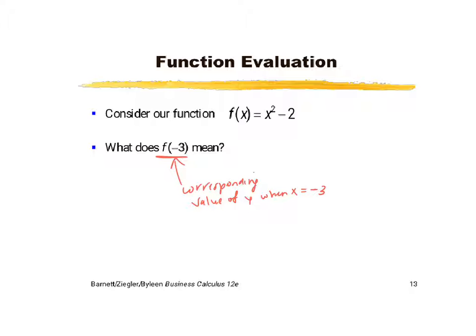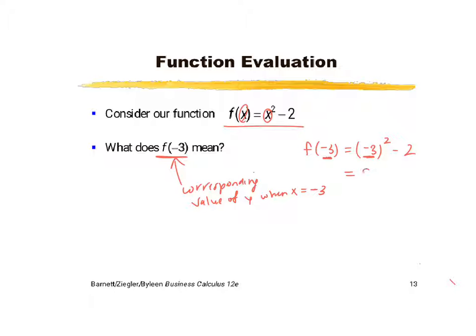Okay, so if I see f of -3, that means I'm going to evaluate my function f of x equals x squared minus 3 by plugging in -3 into the function and evaluating it. Okay, so here if I have an x squared and I'm evaluating f at x, I need to plug in the value of x, which is -3, in for the x within the equation.